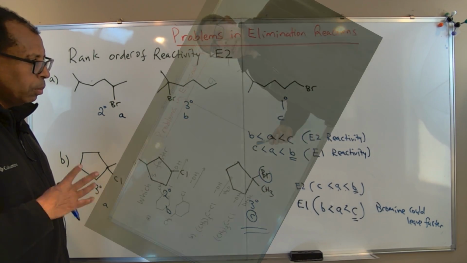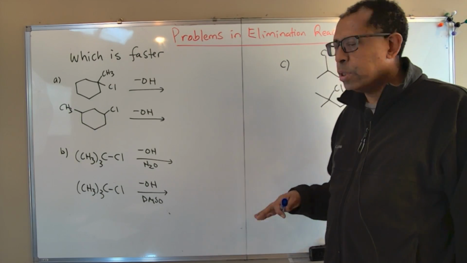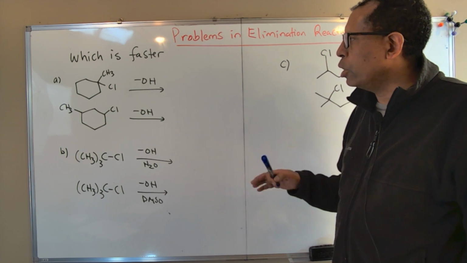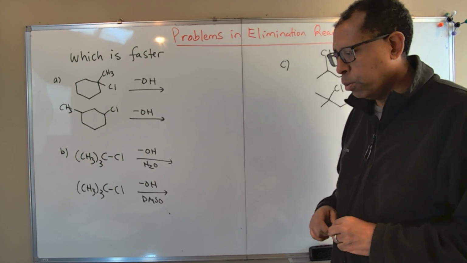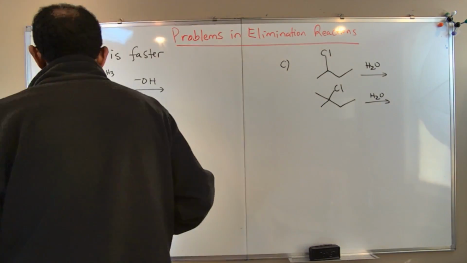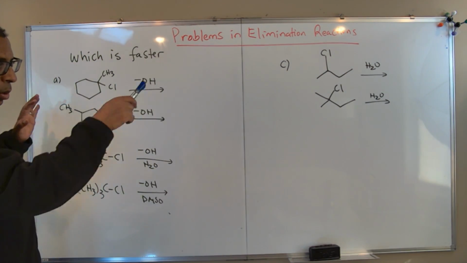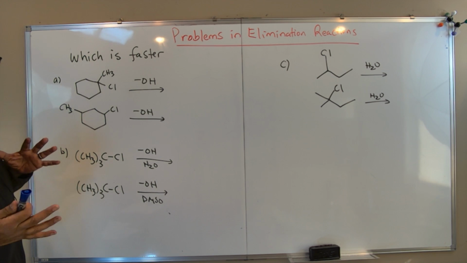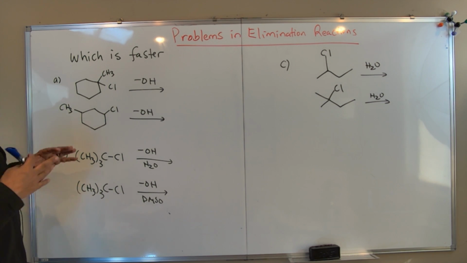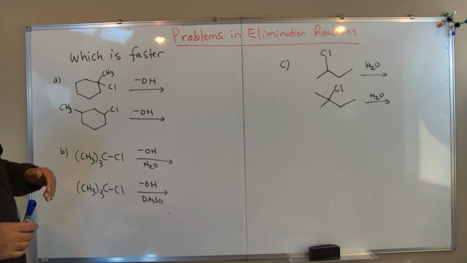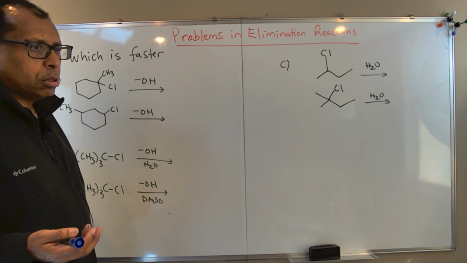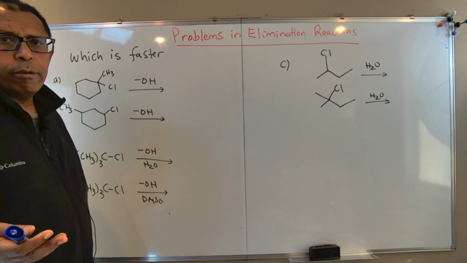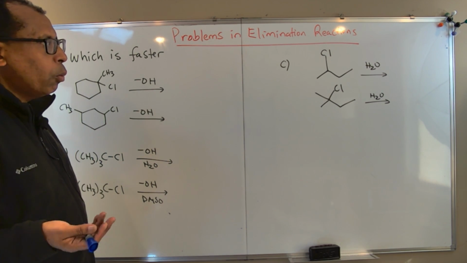So we'll continue. This continues almost the same kind of elimination reaction, but asking you the rate of reaction, which one is faster. So in each of these three questions, we have a pair of reactants in different conditions and asking us which one would be faster. The first thing I would do is label what kind of reaction condition or what mechanism is possible.